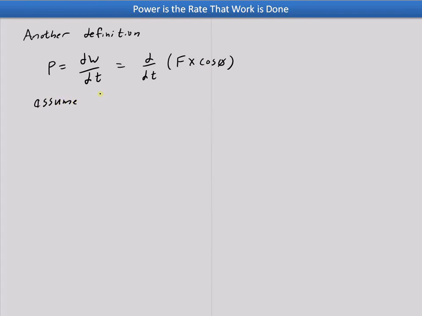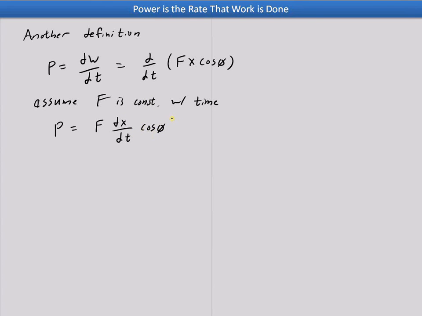And let's make the assumption that the force is constant with respect to time. Not necessarily constant with respect to position, but constant with respect to time. In that case, it comes outside of the time derivative, and power is equal to force times the derivative of x with respect to time, and then we have this cosine phi, which shouldn't be a function of time.